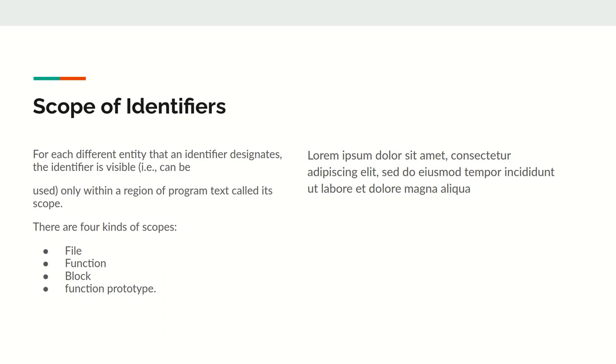For now, our program text is one unit that we call a translation unit, under which we can have a declarator as well as a function definition. The scope can be of four kinds.